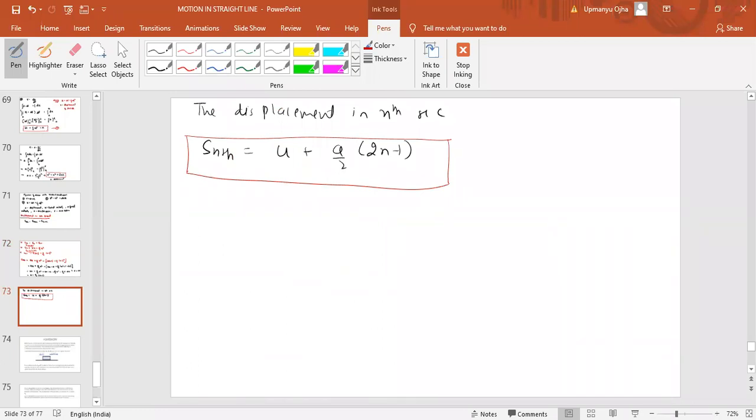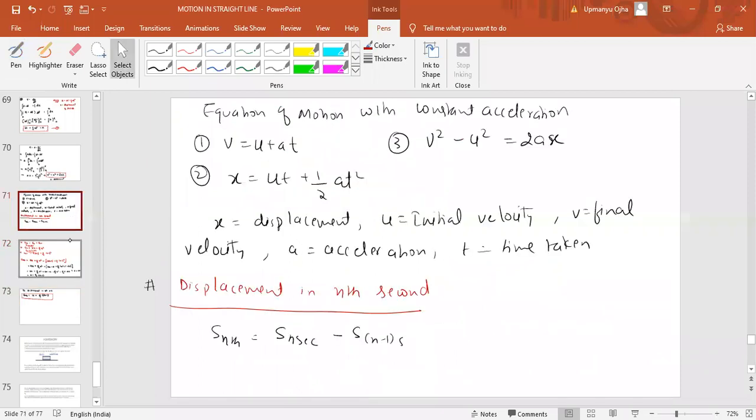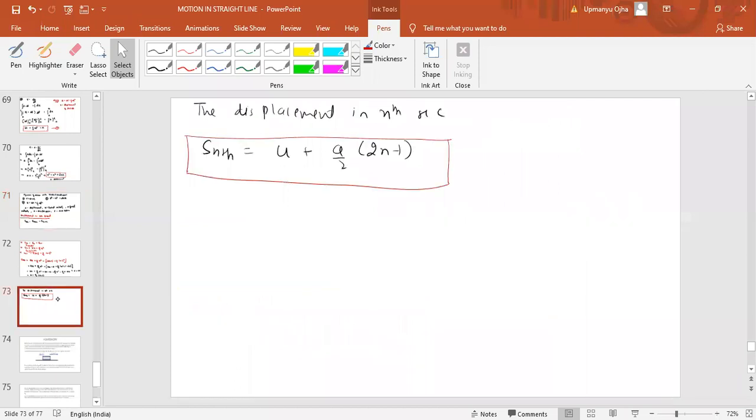Now let us discuss this expression. Can anyone tell me, is this expression dimensionally correct or not? Is the displacement in the nth second dimensionally correct or not?